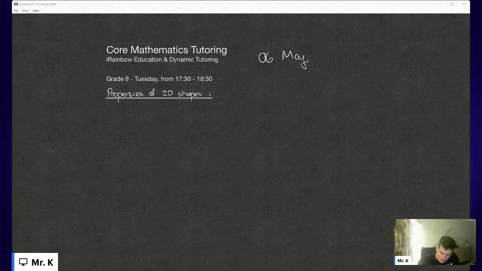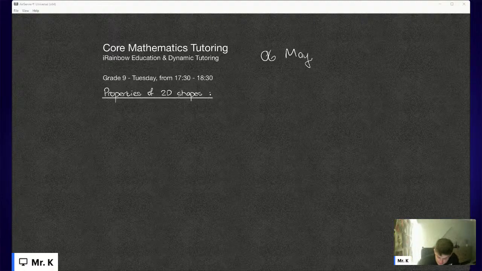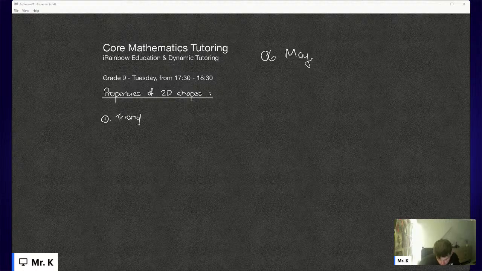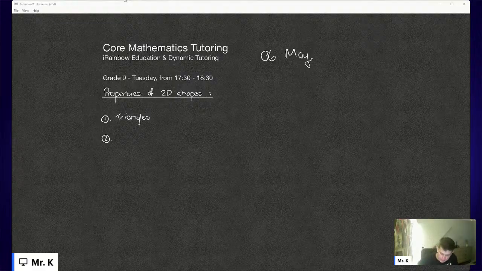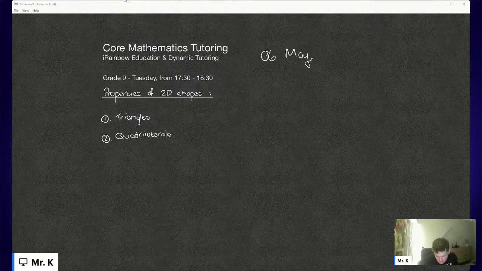So we want to go through the properties of 2D shapes, and there's, like I said, three major categories that we want to discuss. We're going to go through triangles, which offer a lot of information about the properties of the different kinds of triangles themselves, but also how we understand angles in the context of these different triangles. Number two, we want to go through our quadrilaterals, which I also suspect will take us a fair share of time.